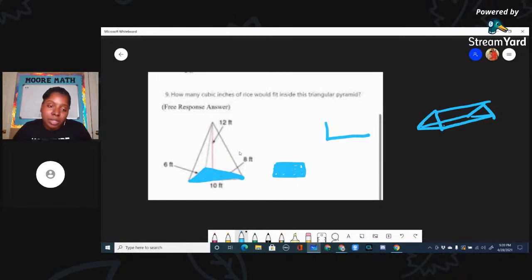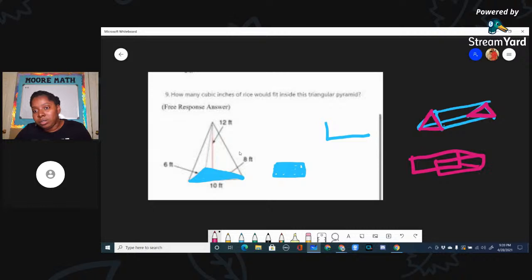So these pieces are what we focus on. If these pieces are triangles, that's when we use the triangle. But if it's just like that, then it's a rectangle. That's what we focus on right there, and that's when you use the rectangle.